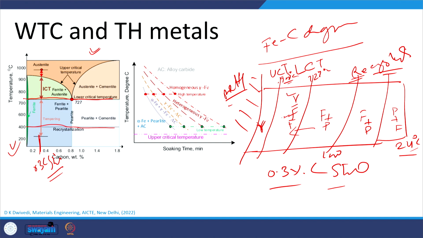But part of the ferrite will convert into austenite depending upon the temperature range. The temperature range between the lower critical temperature and upper critical temperature is known as the intercritical temperature.